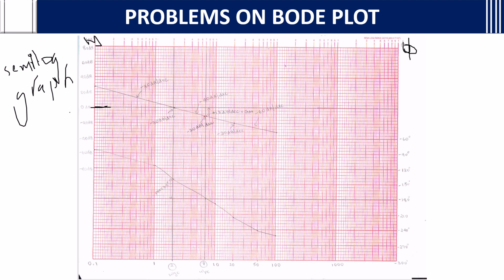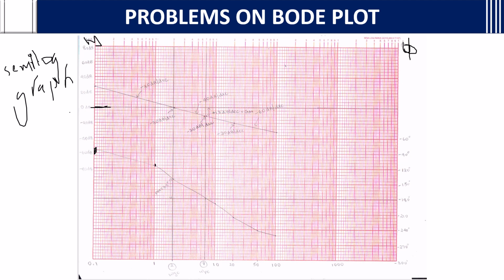See, for the phase plot, for 0.1, what value did you get? Minus 93.14. So minus 93, 90 is here. Somewhere here you will get minus 93.14. Then for 1 you get minus 119.14. Minus 119 is almost here.